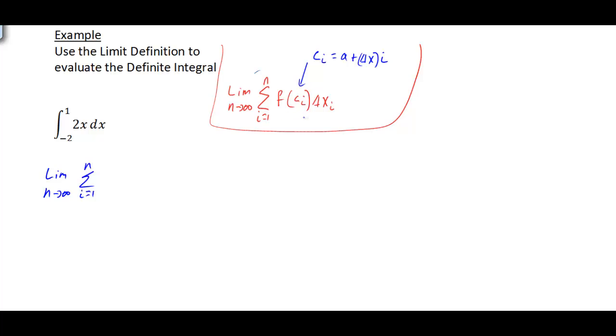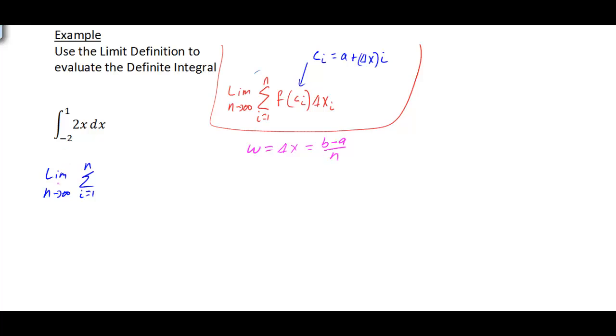Now we need to figure out what is our f of c sub i and the delta x sub i. Well, we want to keep in mind we talked about the width of our rectangles before. Now keep in mind we're going from -2 to 1. These limits would be our interval of -2 to 1. So our width, which would be the change in x, or delta x, we defined as b minus a divided by n.